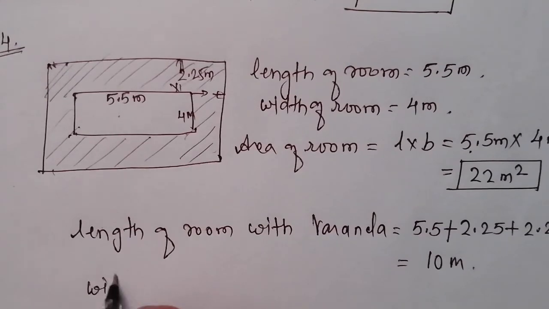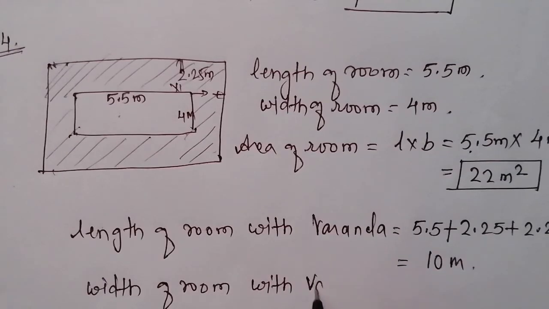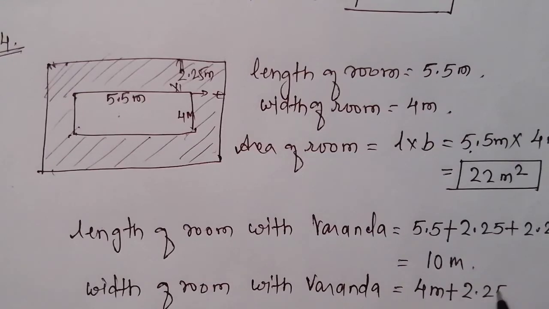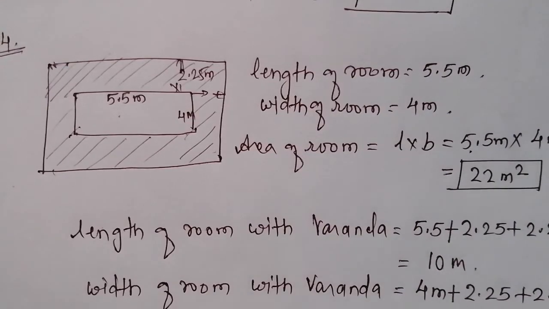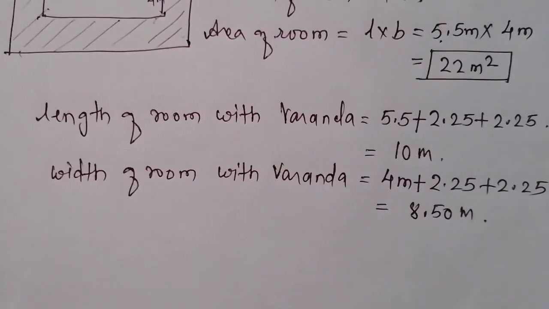Now the width of the room with veranda is equal to 4 meter plus 2.25 plus 2.25, if we add this, it is 8.50 meter. Okay, it is 8.5 meter.